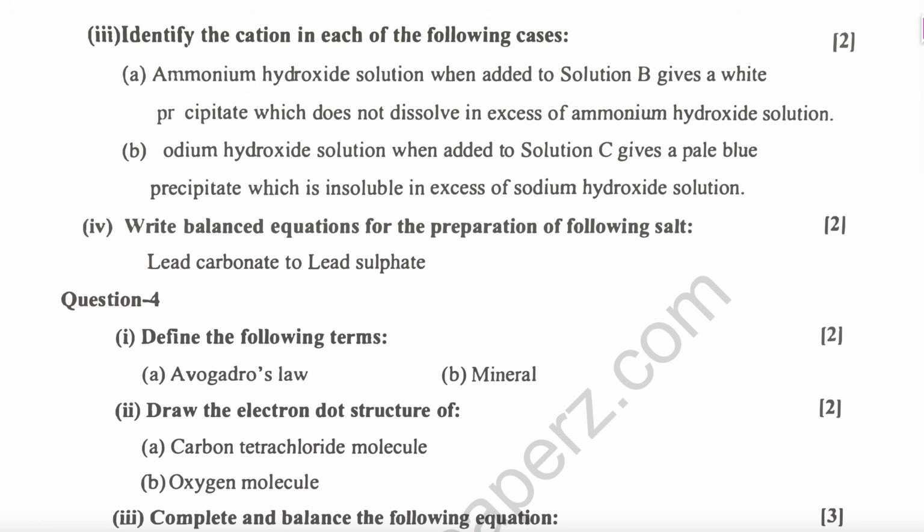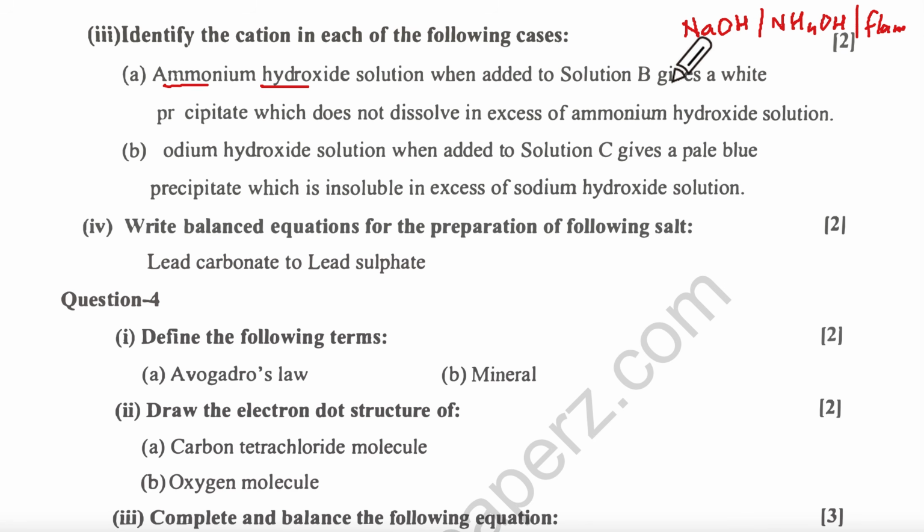Identify cation. This is your practical chemistry. Ammonium hydroxide means we are talking about cation. Remember, for cation they will ask us for NaOH or NH4OH or the flame test. These are the normal choices they will give you.